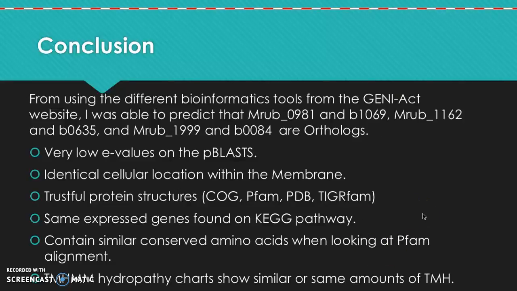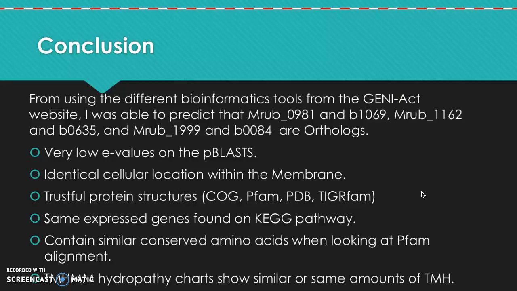This was supported by the very low e-values we saw on the protein blast, and also through identical cellular location within the membrane, as we saw in those transmembrane helices charts. We also used analytical steps like LipoP and SignalP to give a better understanding of where the protein would be produced in the cell.